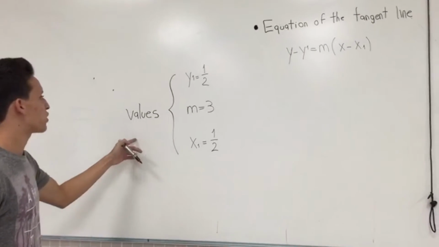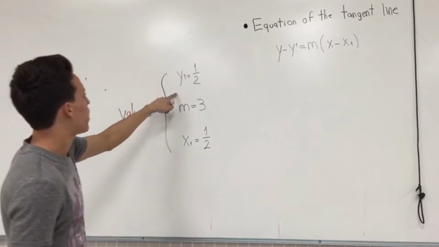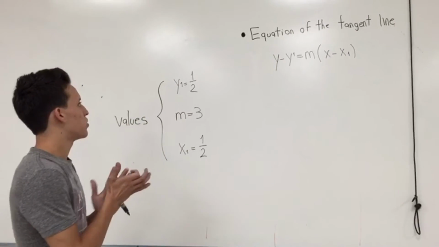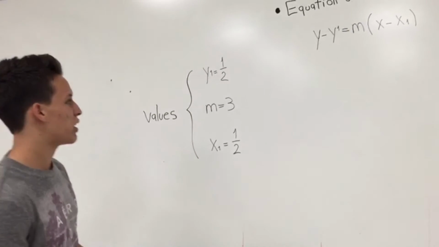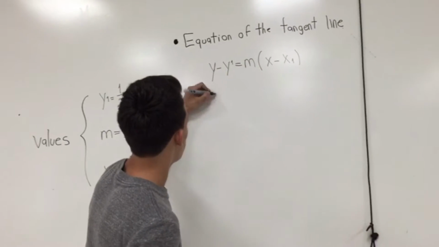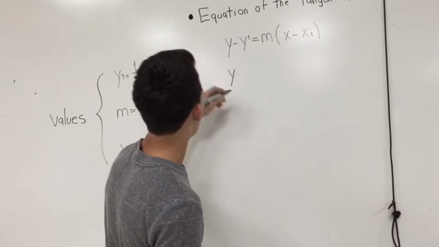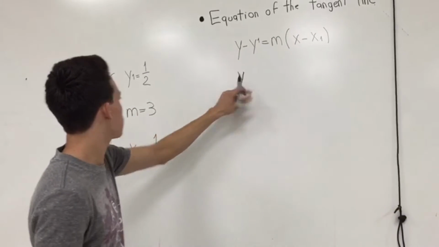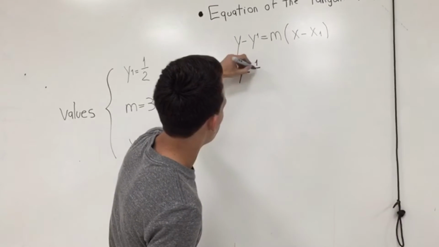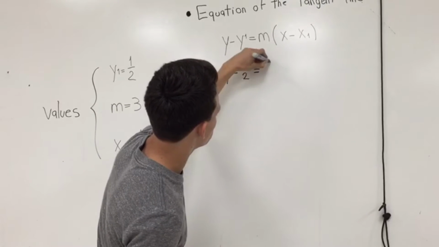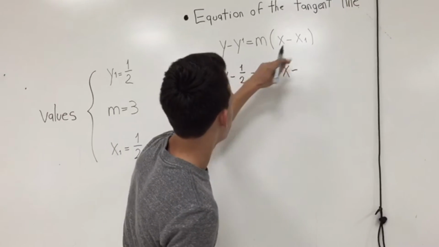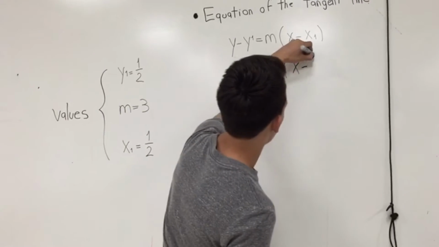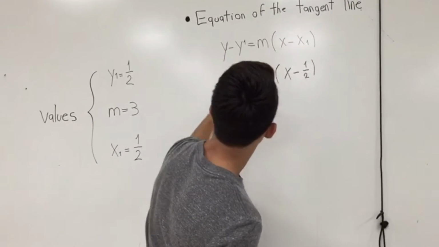Here we got the values of each of the terms. y1 is equal to 1/2, m is equal to 3, and x1 is equal to 1/2. So we're going to substitute the values here in the formula. y minus 1/2 is equal to 3 times x minus 1/2.